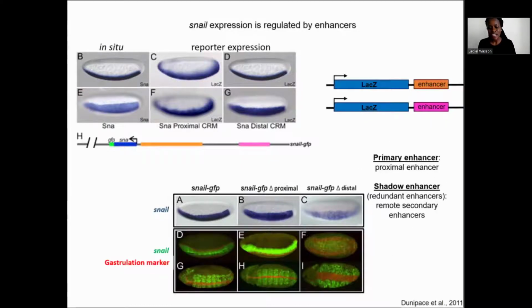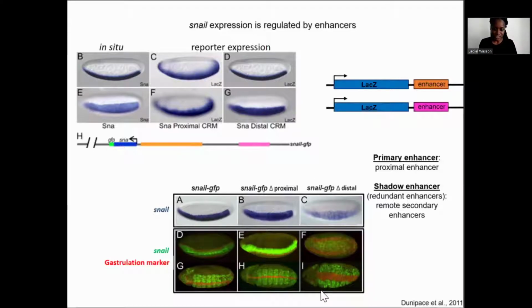It's thought that they ensure robustness and make the expression pattern of their target genes more reliable, and they decrease the variability of that expression. And so they are very important in development.